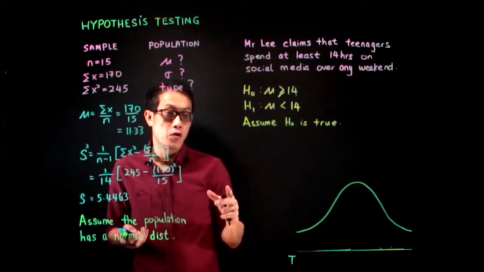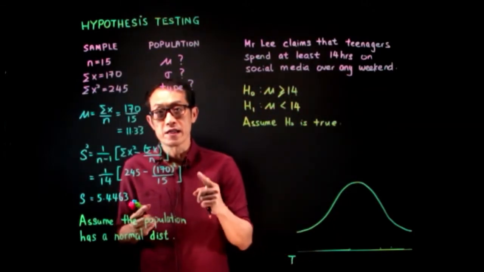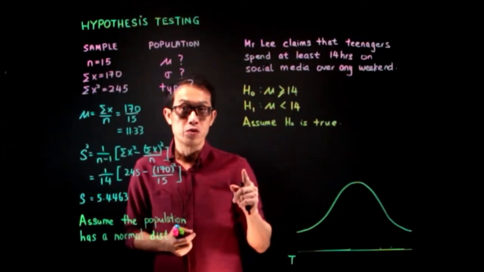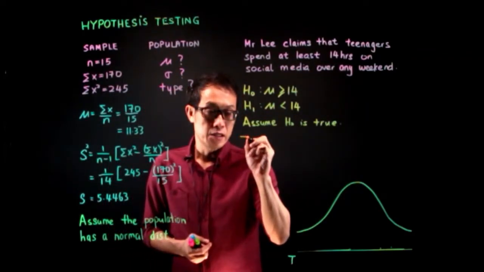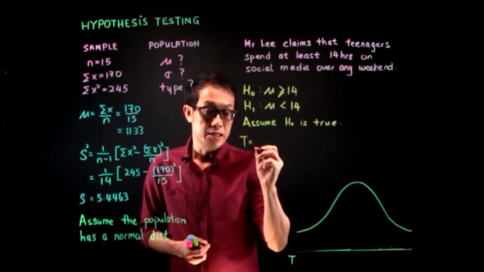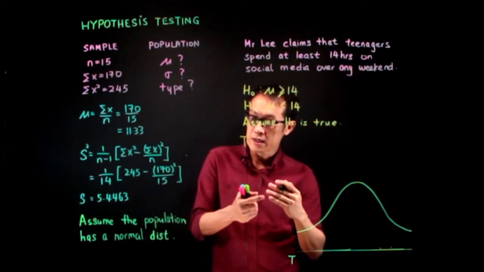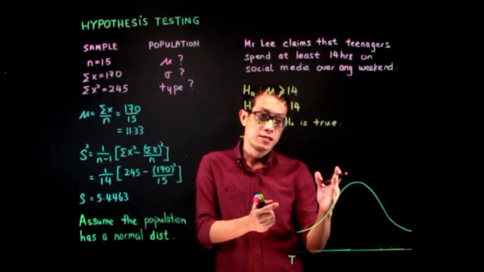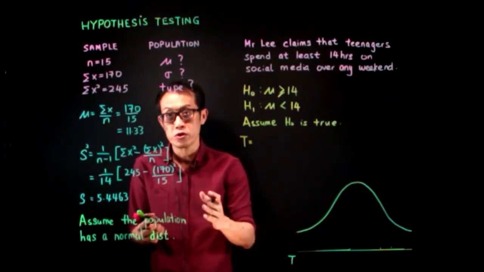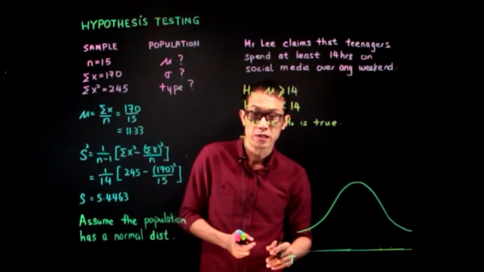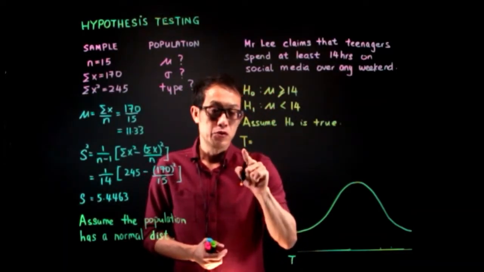Now, just for you to understand, I will show you how to find the t statistic without using the calculator and how it comes about. The t statistic is just like when you want to standardize a normal distribution, converting it to a standard normal distribution, like your z score here, but you use a t.